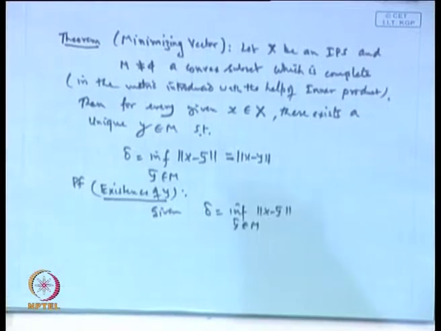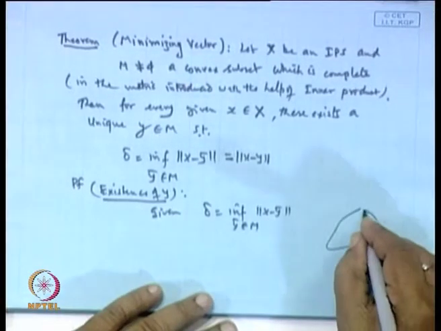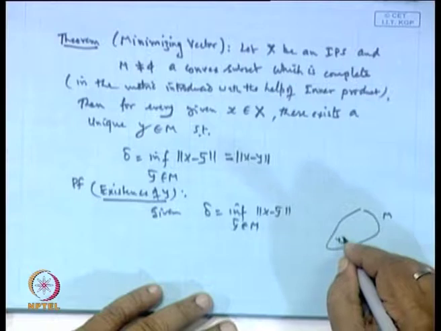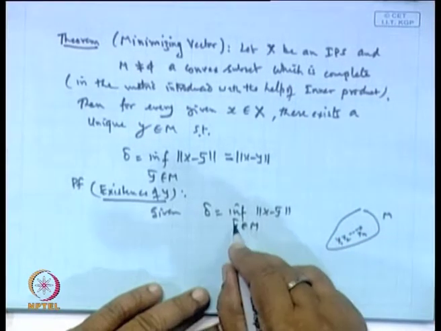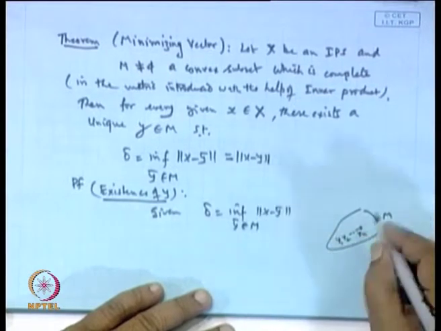It means there must be a sequence in M, y1, y2, y n, which goes to the infimum value, is it not?